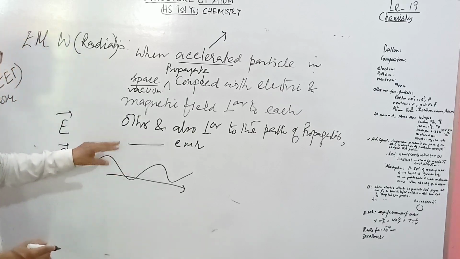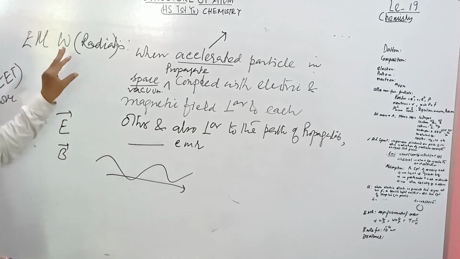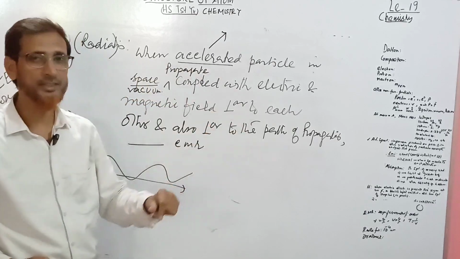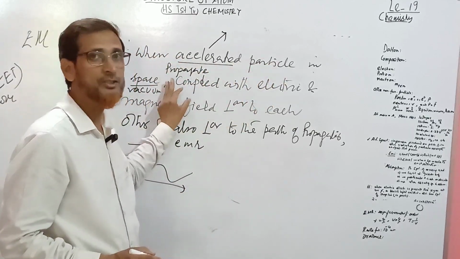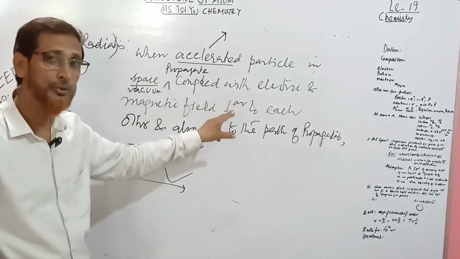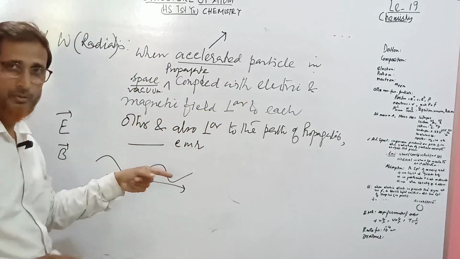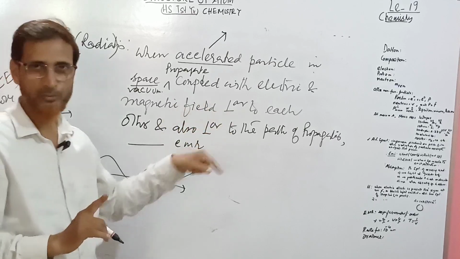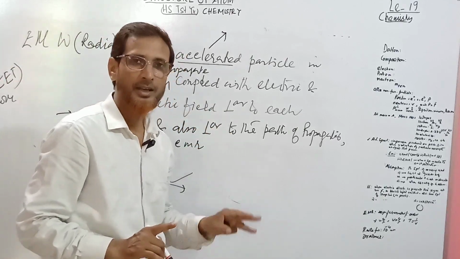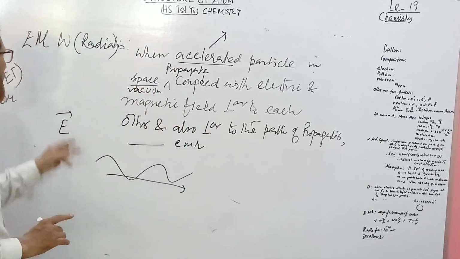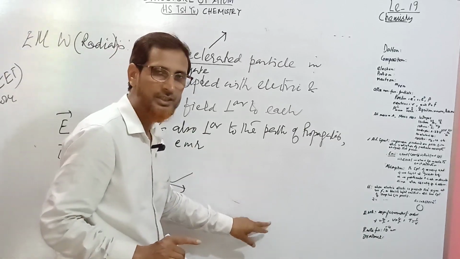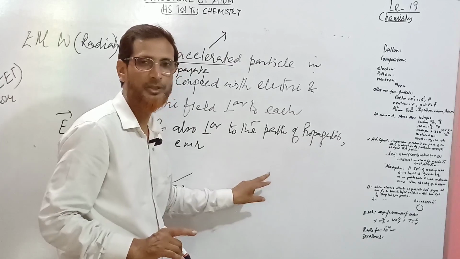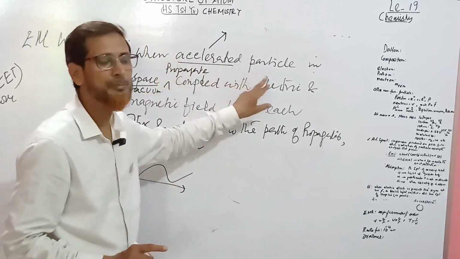So electromagnetic radiations are produced from an accelerated particle in space or vacuum, coupled with electric and magnetic fields perpendicular to each other and to the path of propagation. Hence, this time it was asked which one of the following is the characteristic of electromagnetic radiation. Answer: accelerated particle.